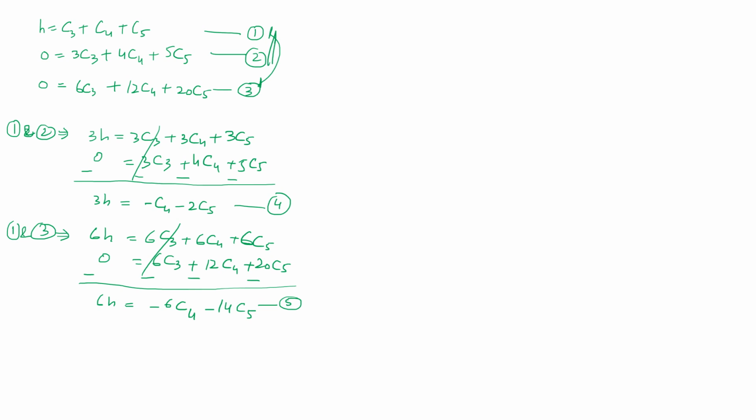And by the way, I can rewrite this equation 4 like this, like you have c4 to be equal to something like minus 3h minus 2c5. So this would be something like 4 prime, if I may say that. Now you have equation 4 and 5 like two equations and two unknowns, c4 and c5 in it. So you can similarly do the same exercise over there for the simultaneous solution of the equations.